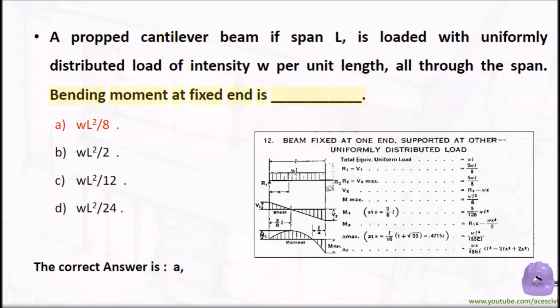The bending moment at the fixed end is: A. WL²/8, B. WL²/2, C. WL²/12, D. WL²/24. The correct answer is A.